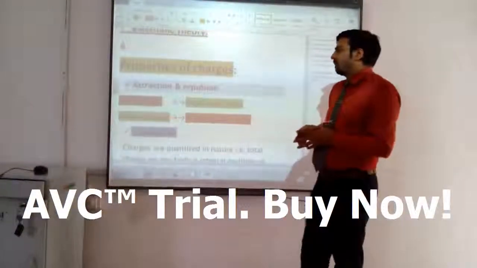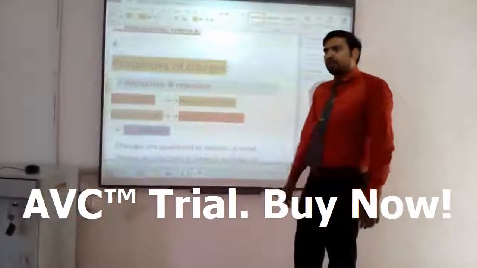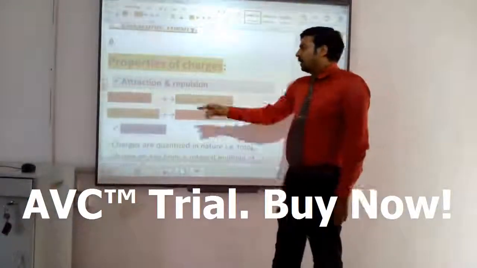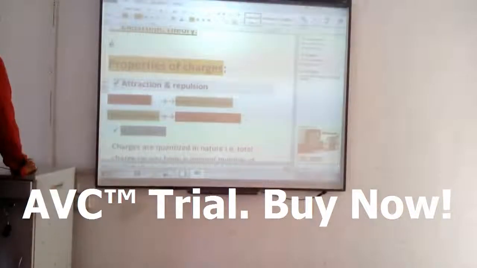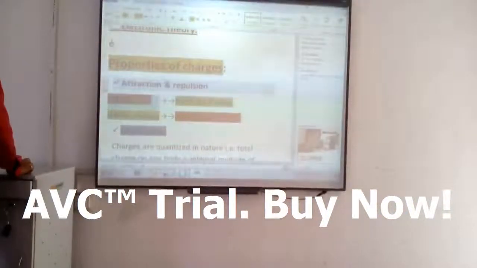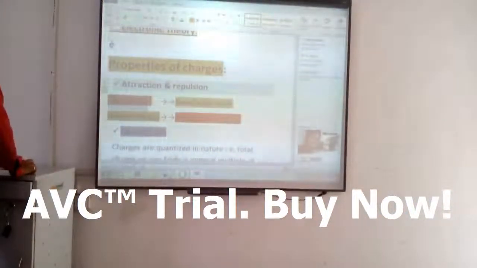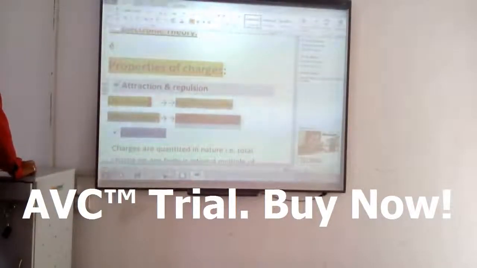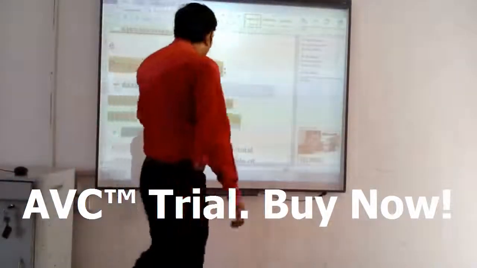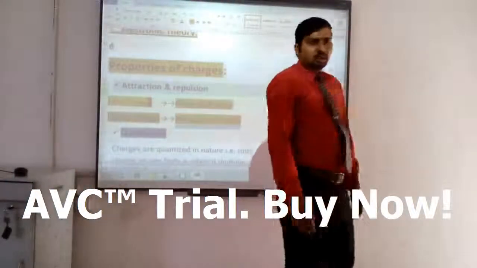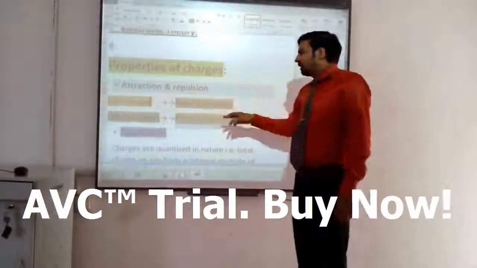Now the next step is that we must study the properties of charges, or of a body which is charged. There are several properties, and we will discuss them one by one. One is the property of attraction and repulsion. As far as this property, like charges will repel each other and unlike charges will attract each other.